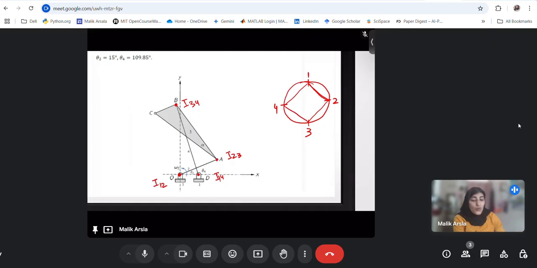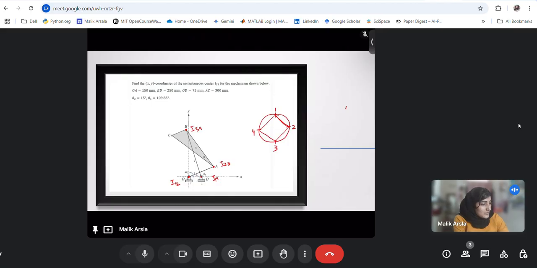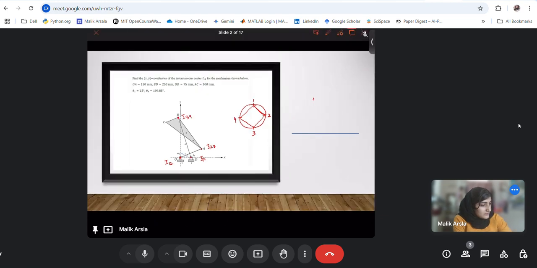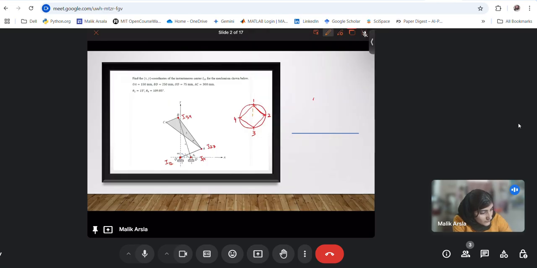Okay, now what I have been asked is I13, which is not known to me here, and I need to find that. Okay, so let me change the color of my pen. So basically this is what I need to find out.